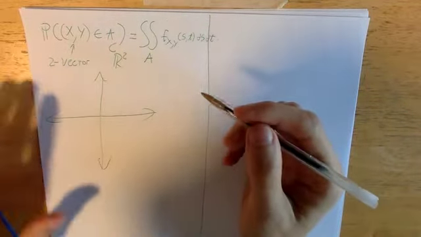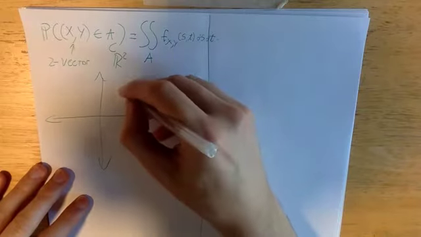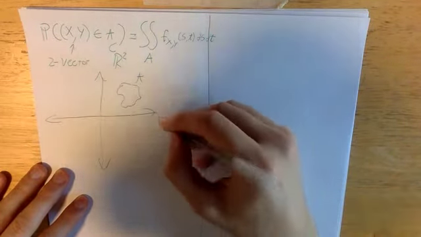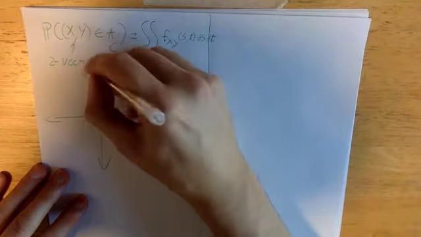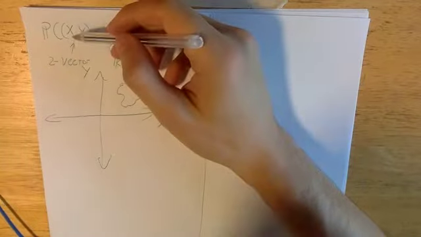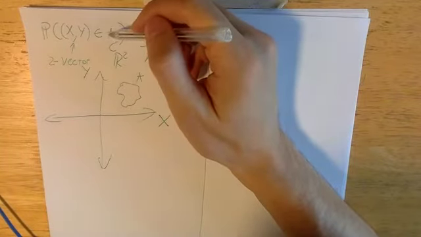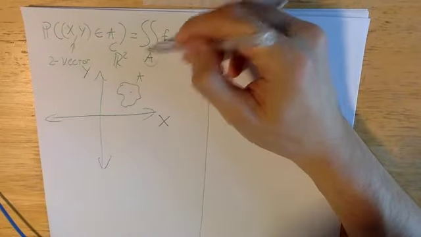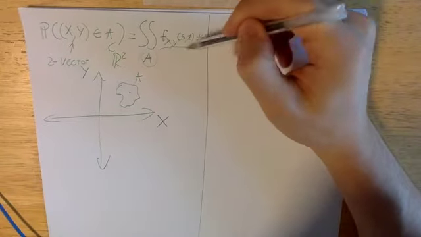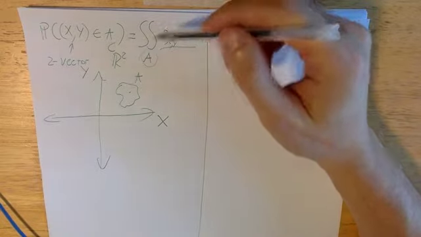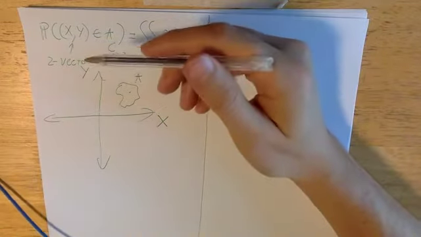So let's say that we have a set A here, and this is x, this is y. The probability that the vector (X,Y) lands in A is going to be the integral over A of the joint density function. So this is a generalization for a 2-vector of what we had seen for a 1-vector.